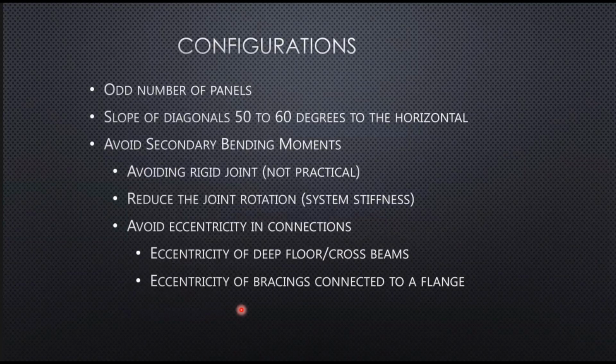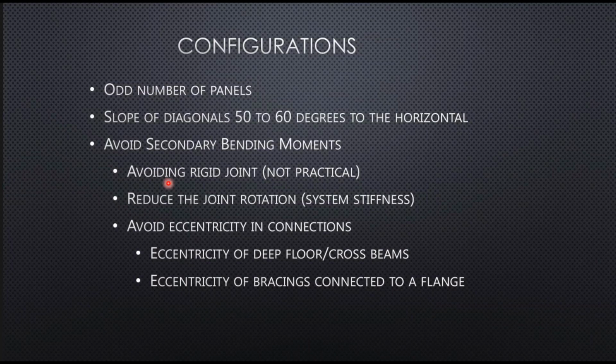What you must do is the diagonal should have a minimum slope and you should make the members in such a way that there are no rigid joints, because we are analyzing the structure as a pin system.